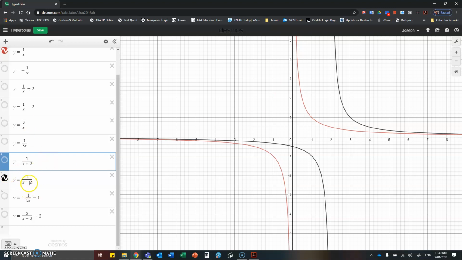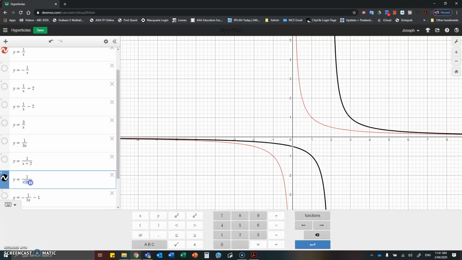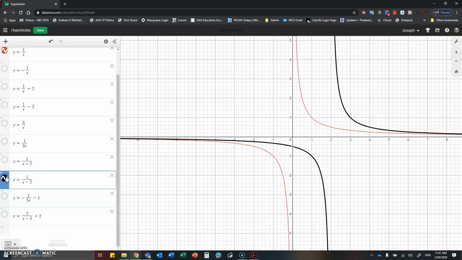So 2 units to the right, which means your vertical asymptote is going to be at x equals 2. It's going to be the negative of whatever that value is. Okay, a little bit confusing. You'll get a little bit familiar with it as you practice it more.